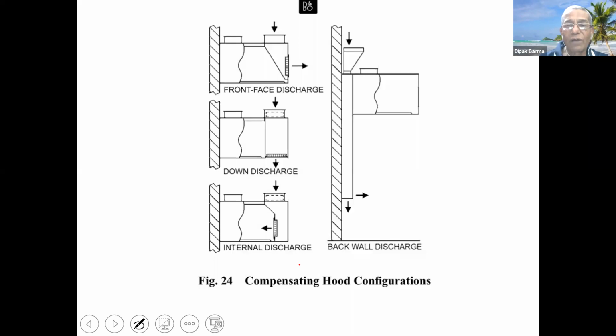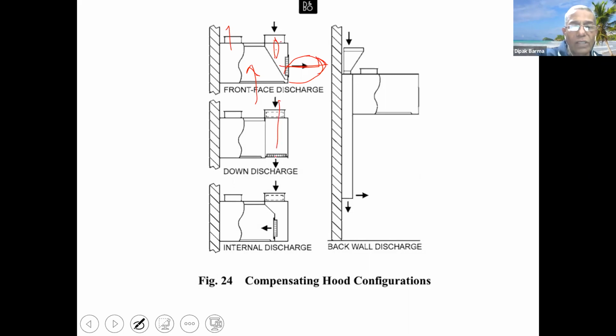These are the different types of airflows which I was talking about, the fresh air. This is the front face discharge. The hood, the exhaust arrangement is here. You are exhausting air from here, you are supplying fresh air in this, and that fresh air is being thrown out like this.